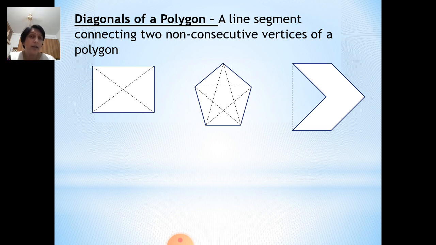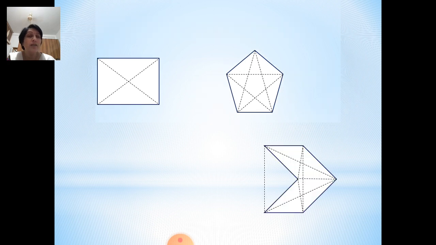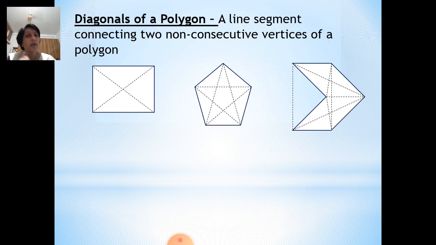See, the dotted lines are showing the diagonals: 2, 3, 4, 5, 6, 7. So how many diagonals are there? There are 7 diagonals in the hexagon which you have drawn.